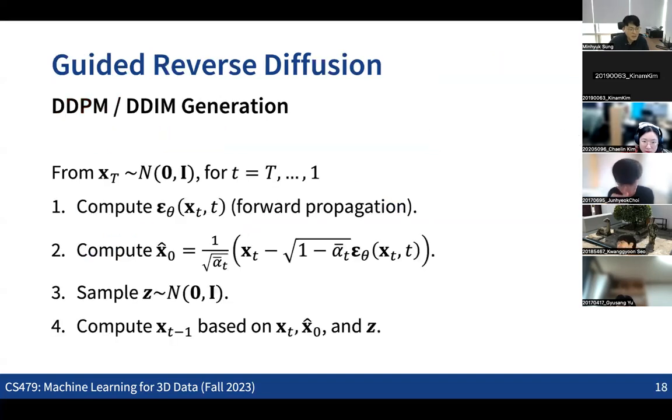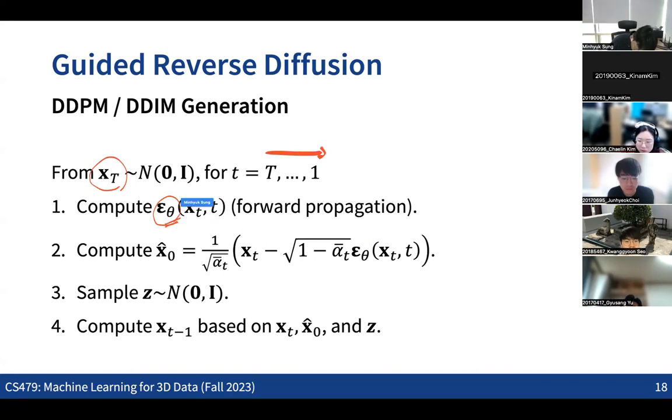Also, one quick idea, which is about the guided reverse process, is something that we can try in the reverse process. This is the typical generation process, both in DDPM and DDIM. Starting from x_T, capital T, we go in the reverse way from the time step, where we first predict the noise epsilon_t here.